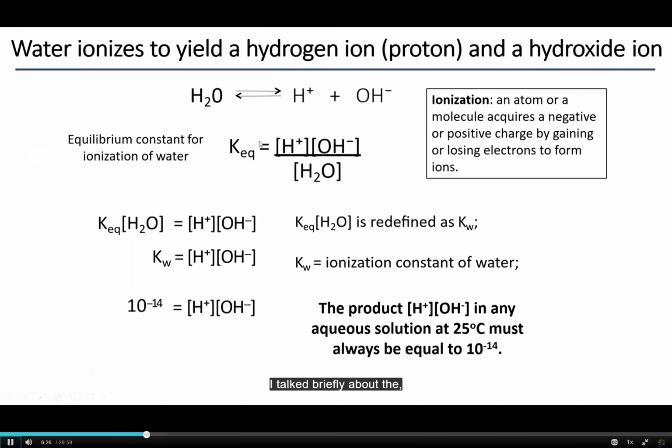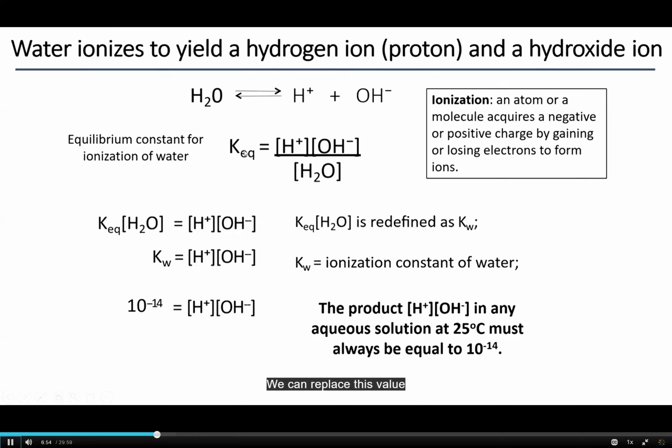I talked briefly about the equilibrium constant in a previous module, but basically we can redefine this equilibrium constant. That would be the concentration of hydrogen ions and OH anions divided by the concentration of water. This defines the position of this equilibrium reaction, the ionization of water.